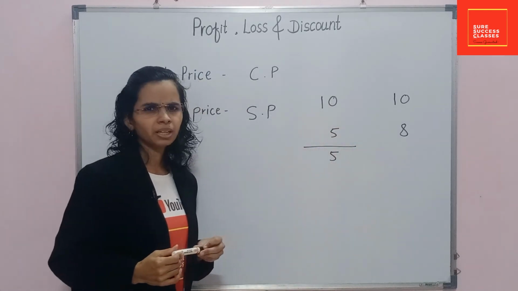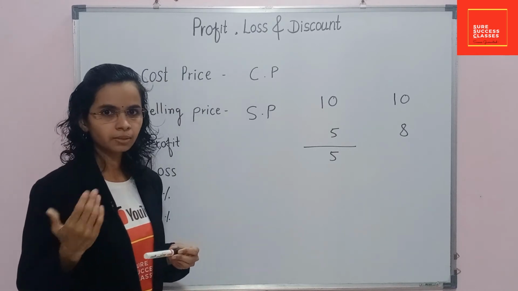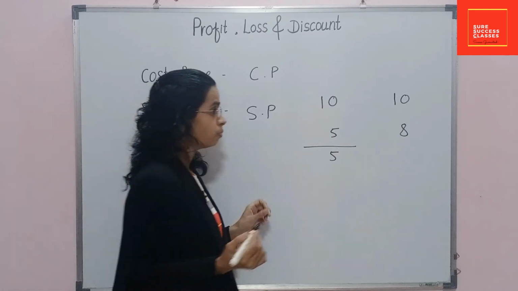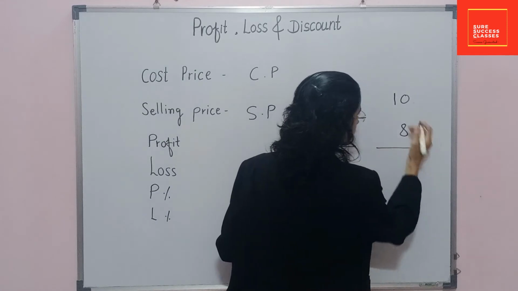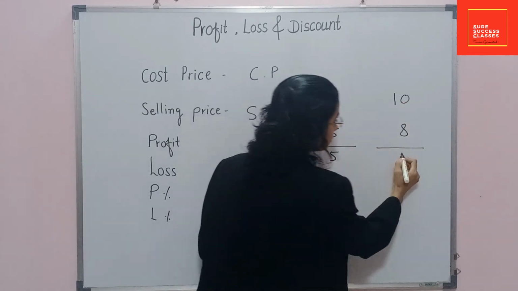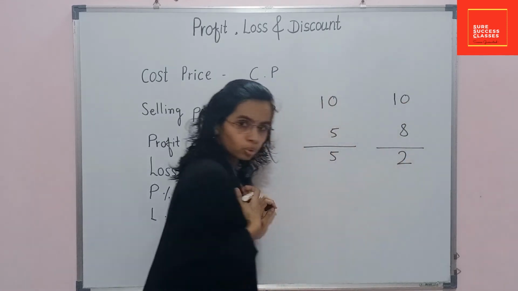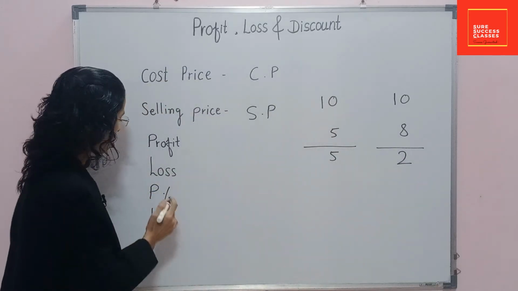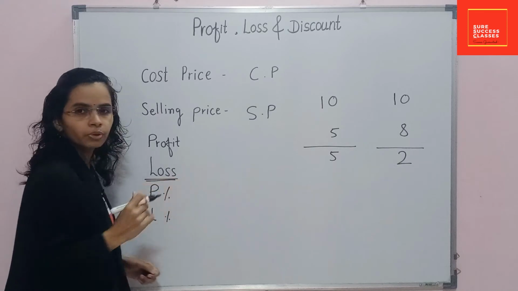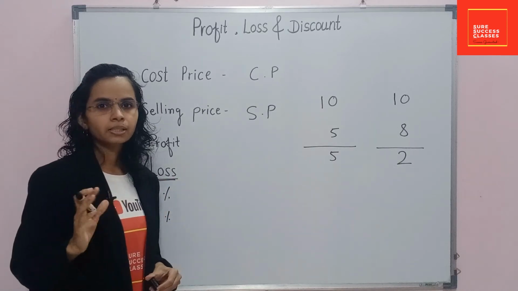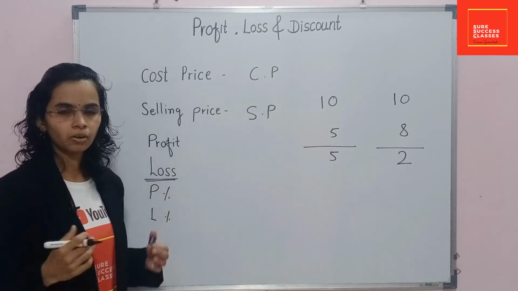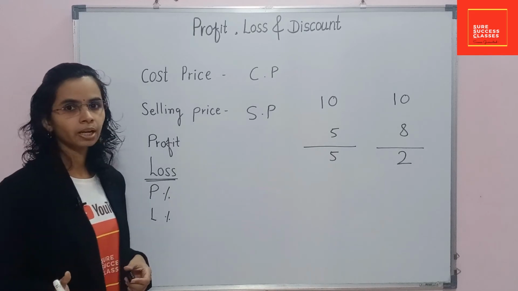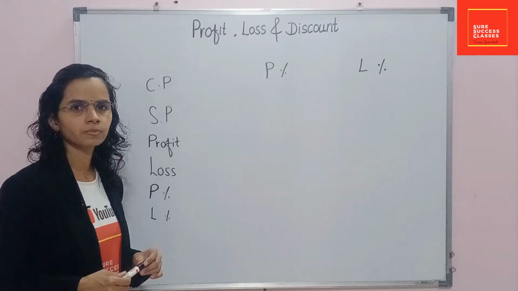So here am I gaining something? No, I am losing here. 10 minus 8 means I am losing 2 rupees. This 2 rupees is nothing but my loss. So whenever we are not gaining something or we are losing our amount, at that time we are having loss.